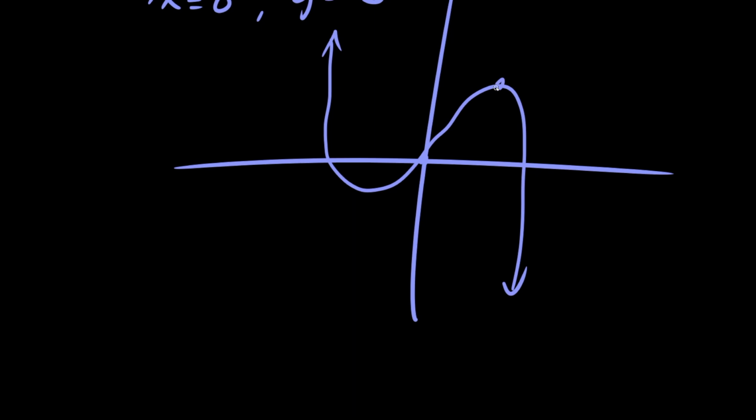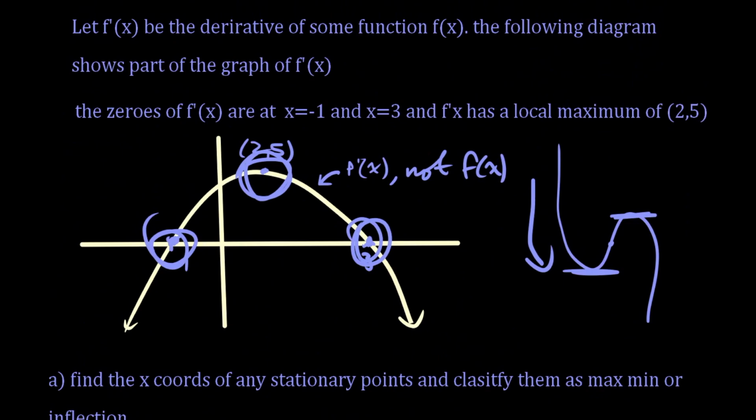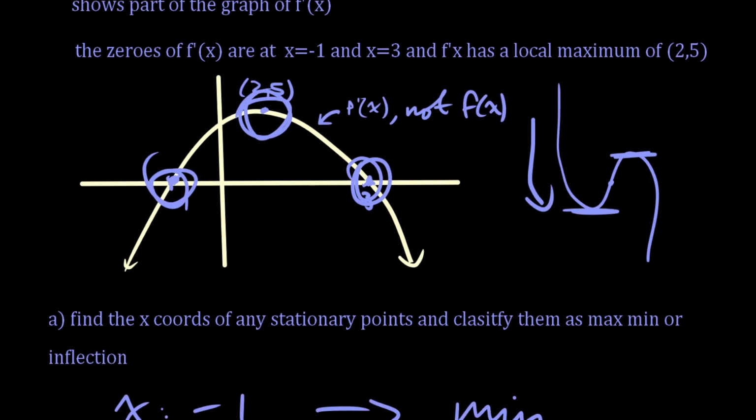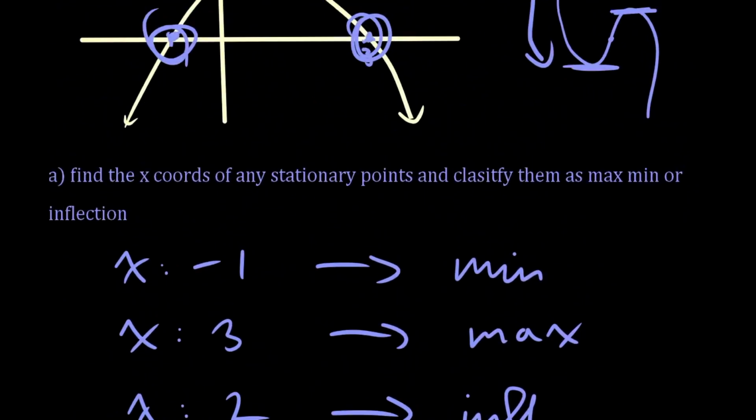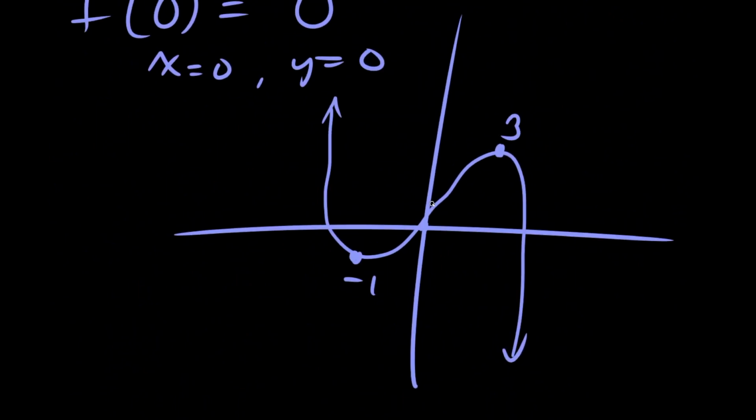And we have to indicate for the examiner that we have a minimum at negative 1, a maximum at 3, and a stationary inflection point at 2. And that should be a sketch of the function.